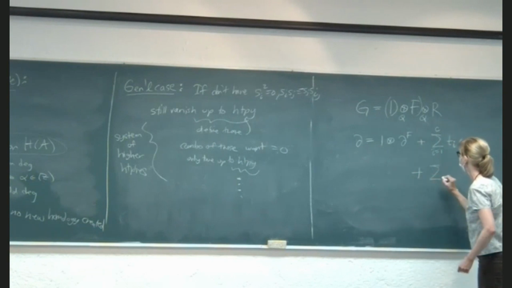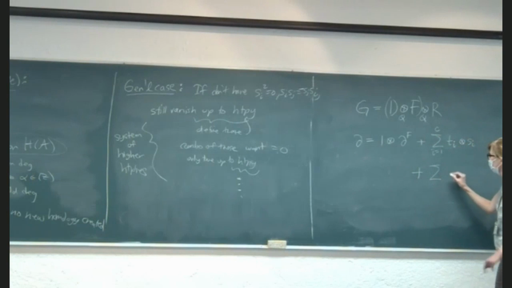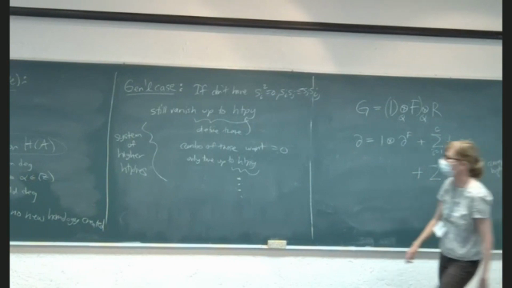So essentially you do a sum over all monomials in the T_i's. Tensor, for every monomial, there is a corresponding higher homotopy, some kind of an S. I'm not writing any subscripts or superscripts.